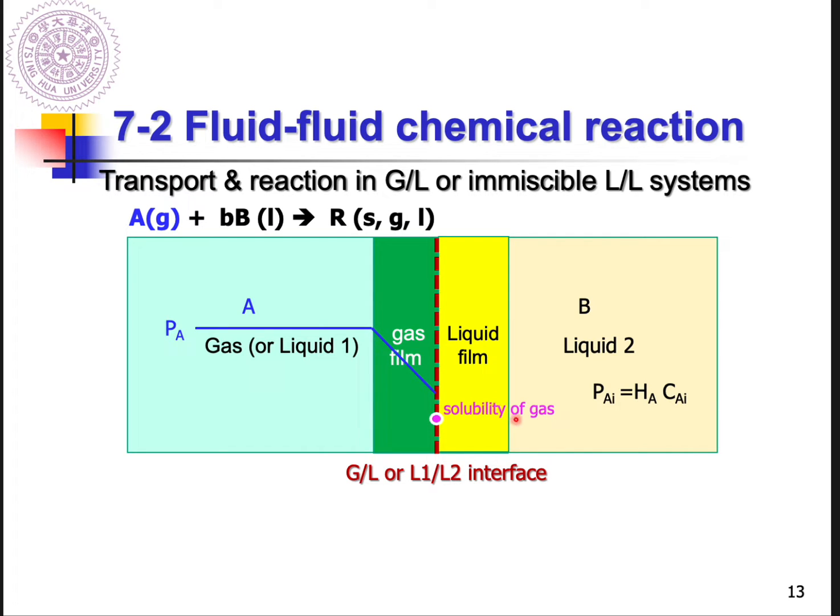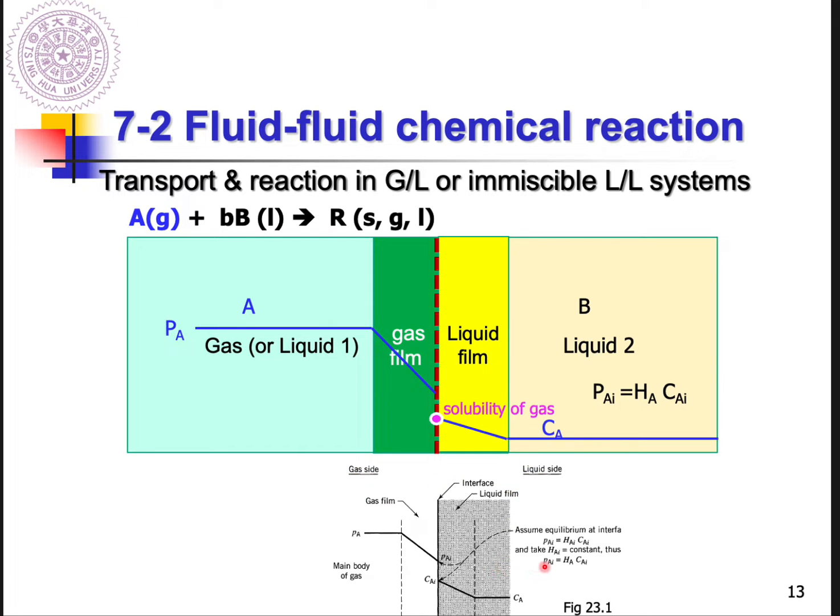The solubility of gas A in this liquid obeys PAI equals Henry's constant HA times CAI. As long as you know Henry's constant HA, you know the solubility CAI here. CAI also decreases as a function of location because it obeys diffusion behavior, right? Then when you reach the bulk liquid, CA stays constant inside the bulk liquid. So this is the idea.